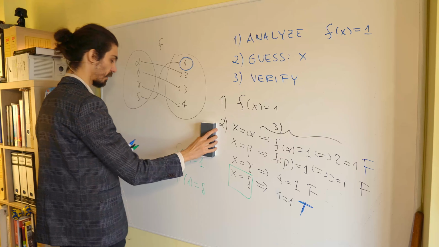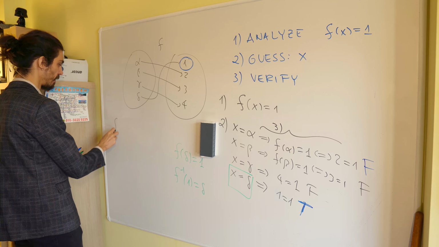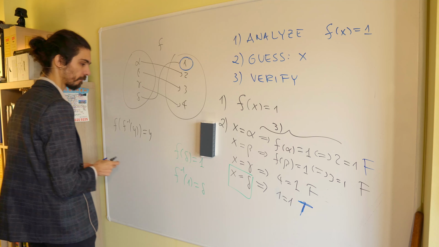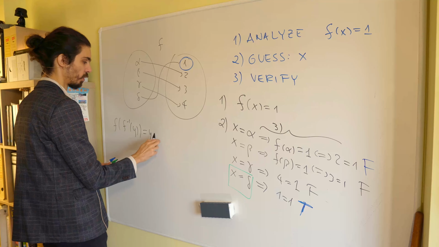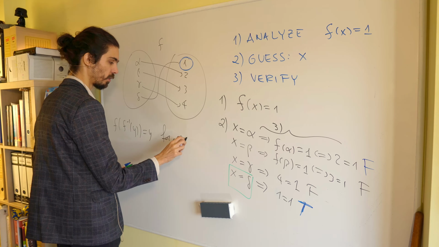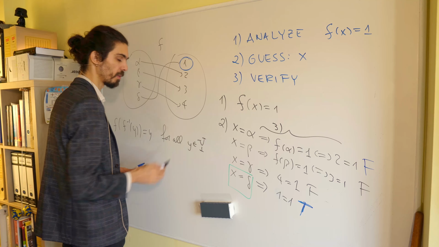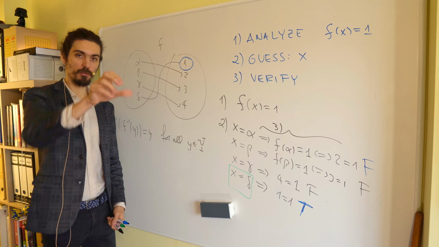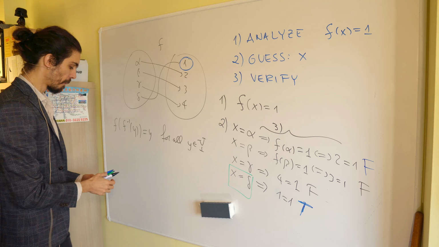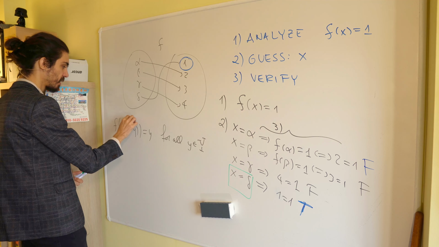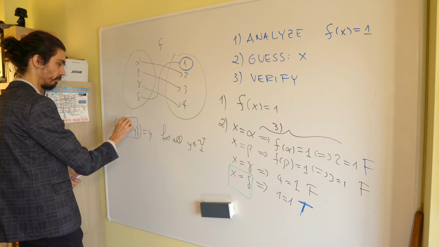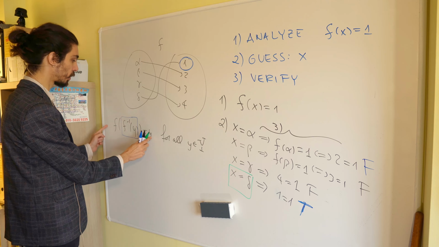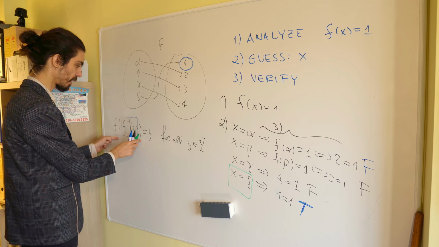Recall that we saw this property: f of f minus 1 of y is equal to y for all y in the range, big Y. But you see, that means that for every y that you choose here, what this equation is telling you is that this thing here, see it as a unique symbol for a variable, is the solution of this equation, f of something is equal to y.